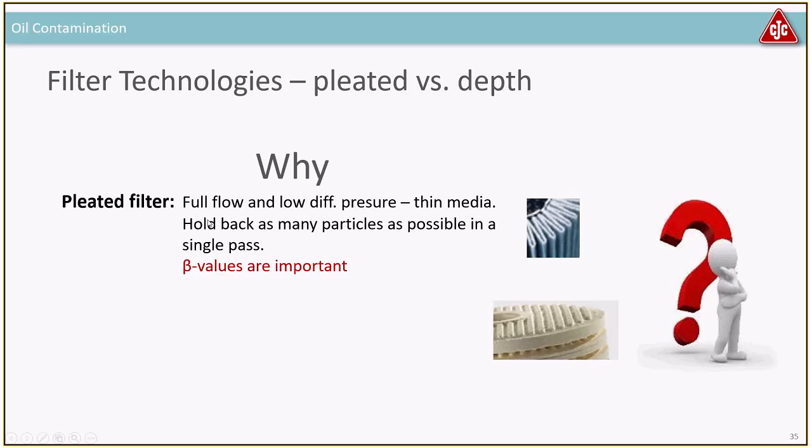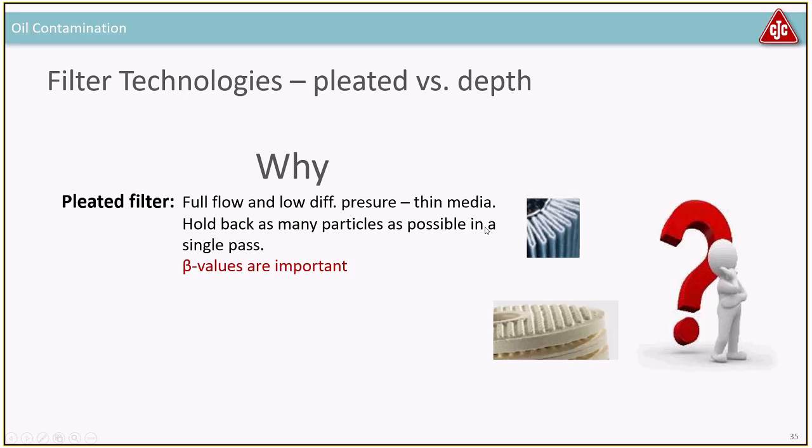Here the full flow is most important, and your low differential pressure. That calls for a thin media. If I had a very thick, very dense media in my full flow filter, that would mean I would maybe lose many hundred psi or thousands of psi on the way.